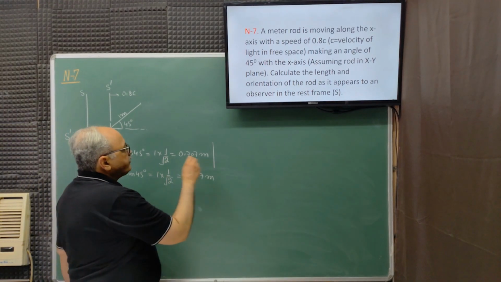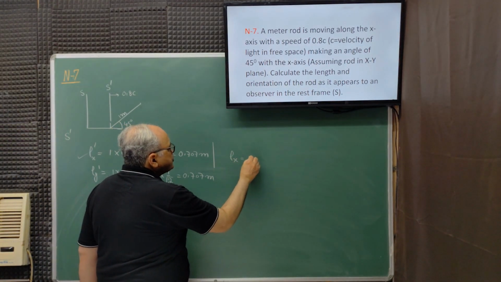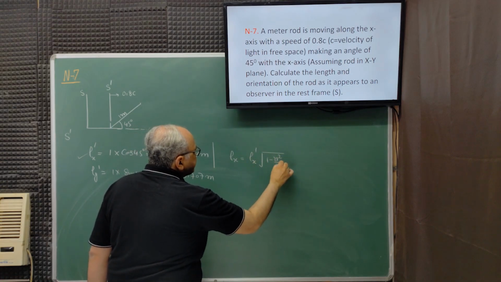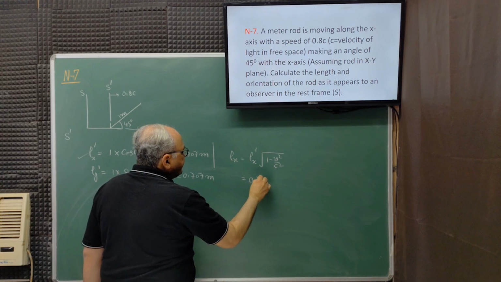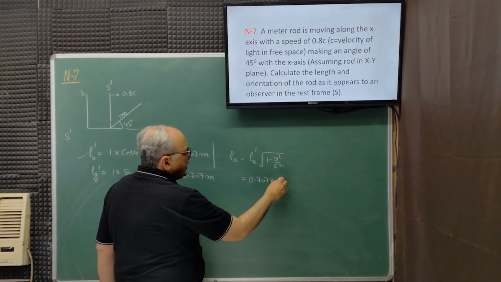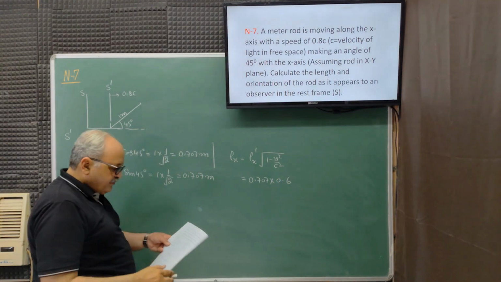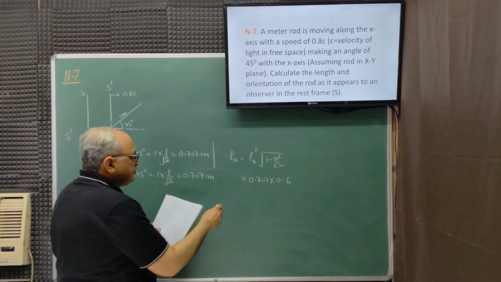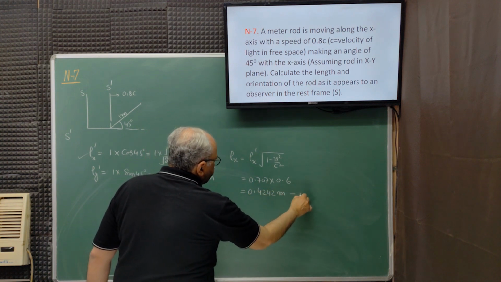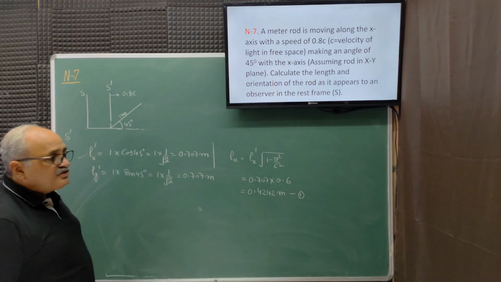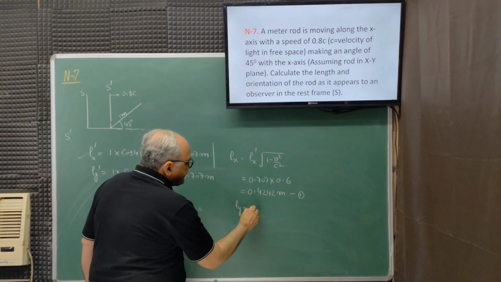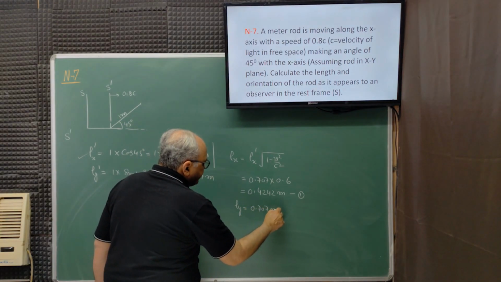That means the person in the S frame will find this length to be Lx dash under root of 1 minus v square by c square, and that is equal to 0.707 multiplied by under root of 1 minus 0.64, which comes out to be 0.6, and this is equal to 0.4242 meter. But there is no change as far as the y component is concerned, so that still remains 0.707 meter.